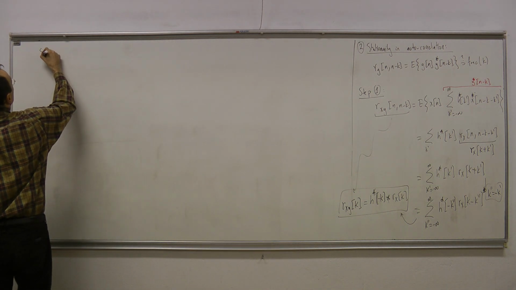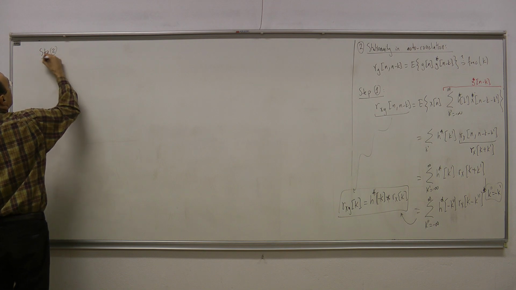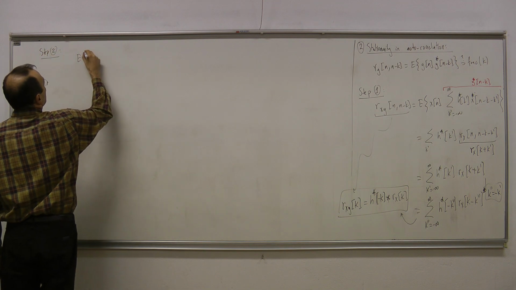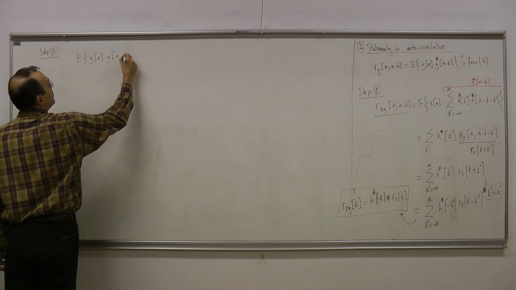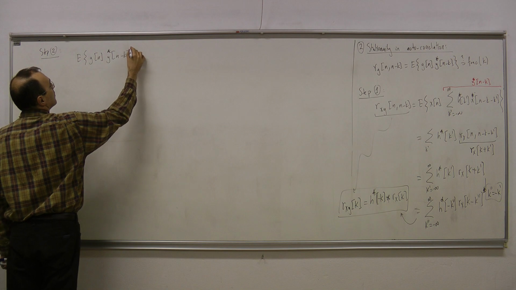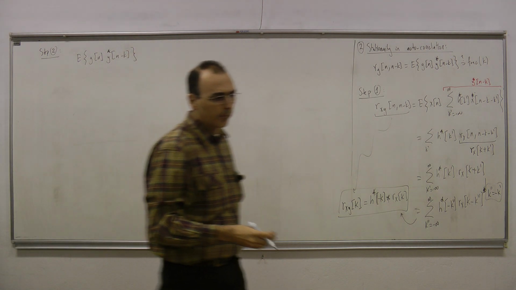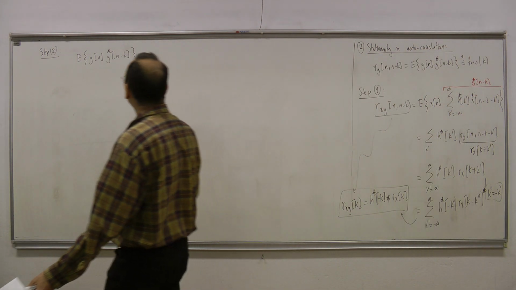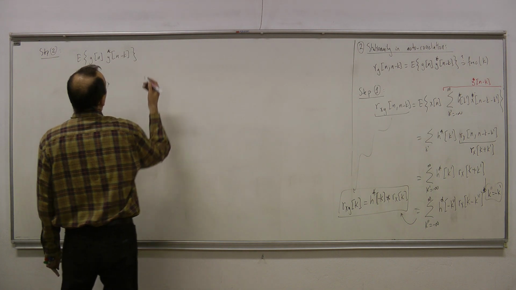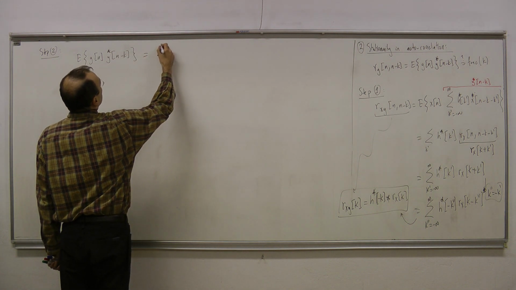This is the second step, step 2: expected value of y of n minus k conjugate. Step number 2. So how should I start this one? So let me write this one.